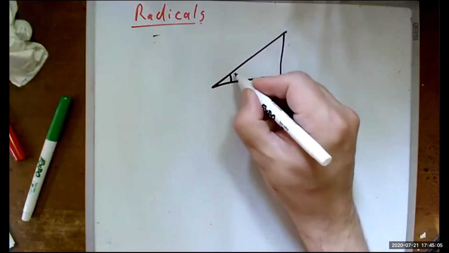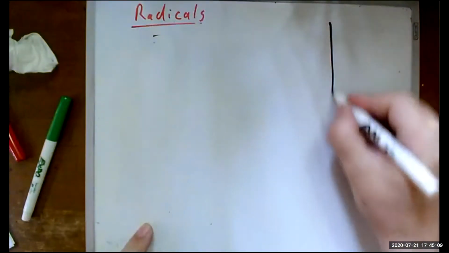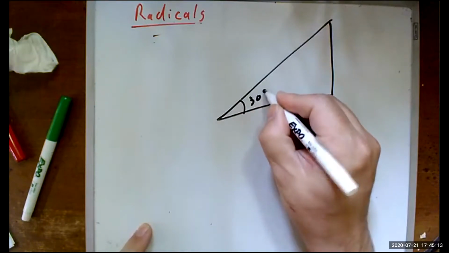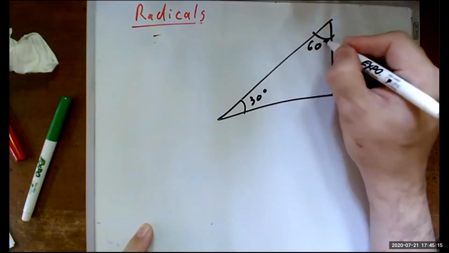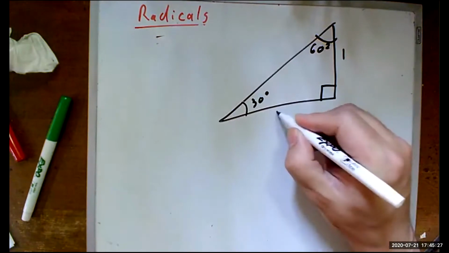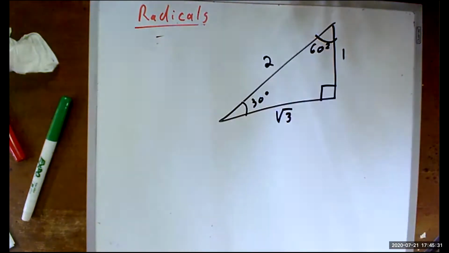If I have, let's do this bigger so it's clearer here, 30 degrees there, 60 degrees there, and a right angle there, I should have 1, root 3, and 2.